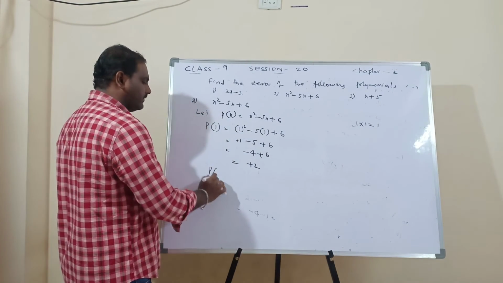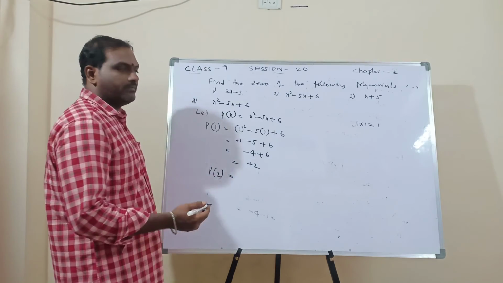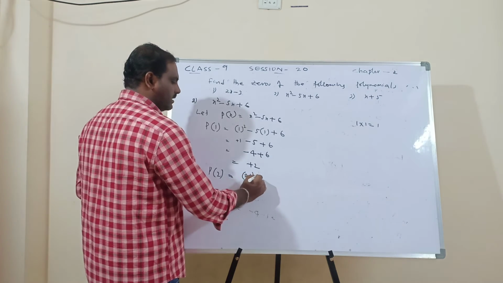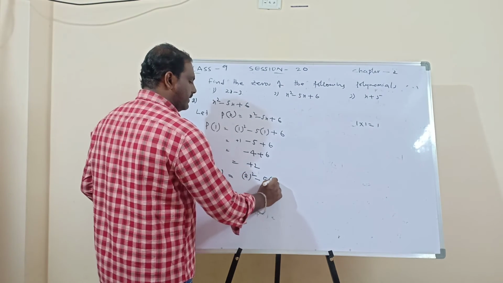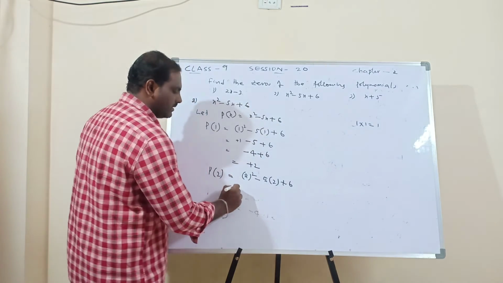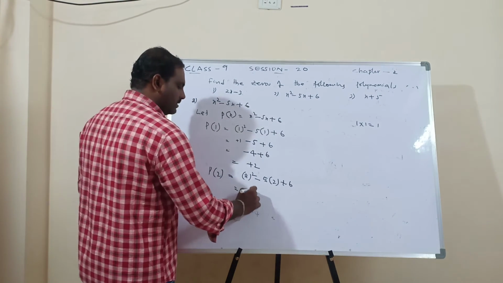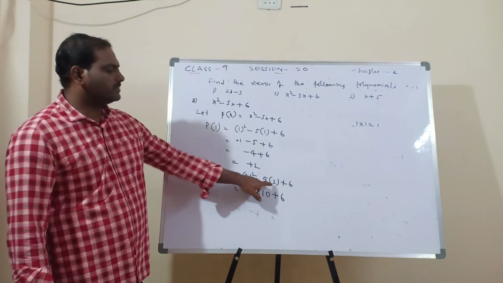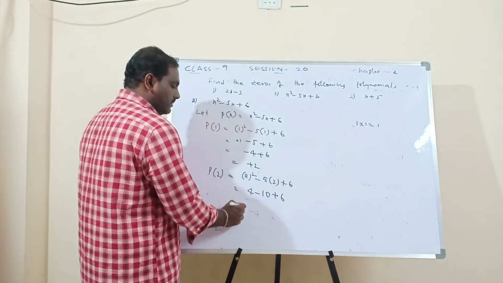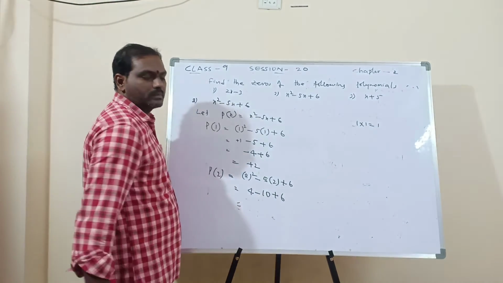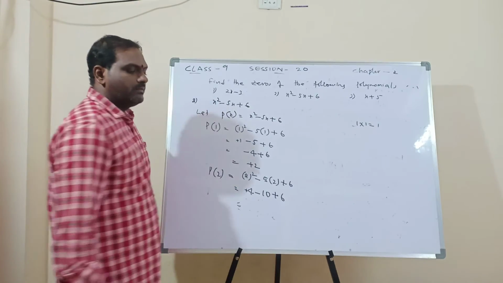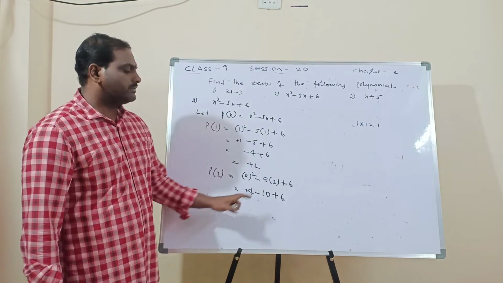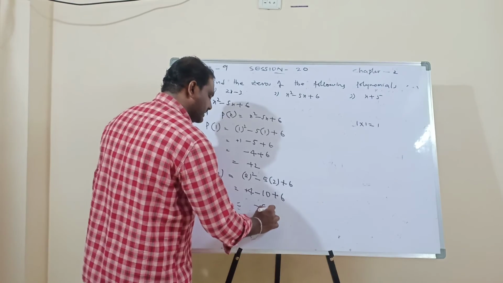Next, I will go for P of 2. P of 2 means whenever x is there, I will place 2. Now what will we get? 2 square minus 5 into 2 plus 6. What is 2 square? 4 minus 10 plus 6. Minus 10 means 5 2s are 10. Then next, 4 minus 10, we subtract the smaller number from the bigger number, so it is minus 6 plus 6.